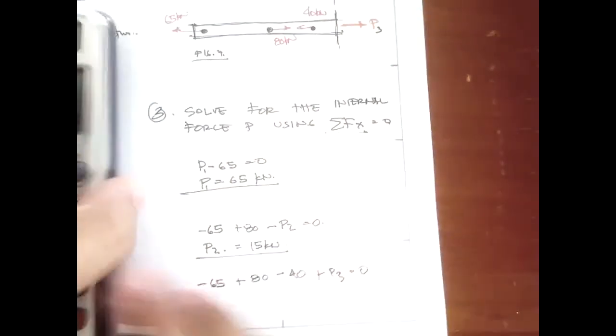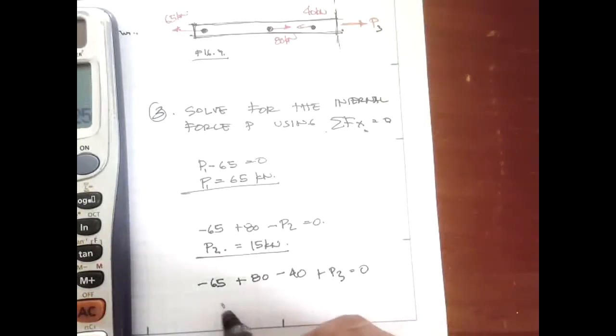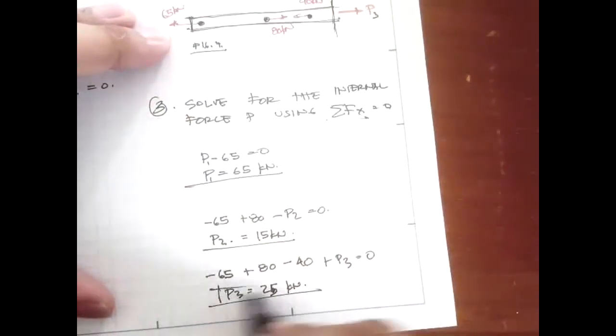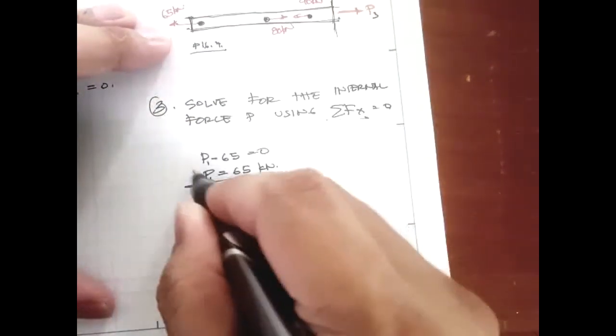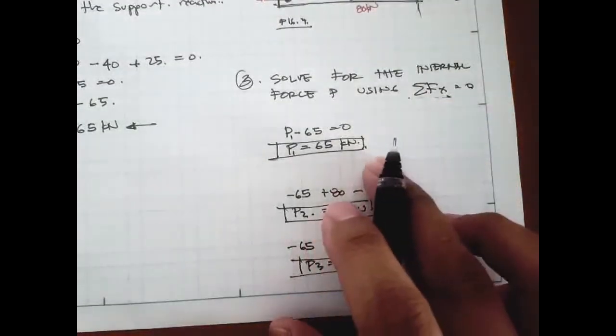If we do this, what we get is 65 plus 40 minus 80, so P sub 3 is equal to 25 kilonewtons. Okay, so that's our actual force.